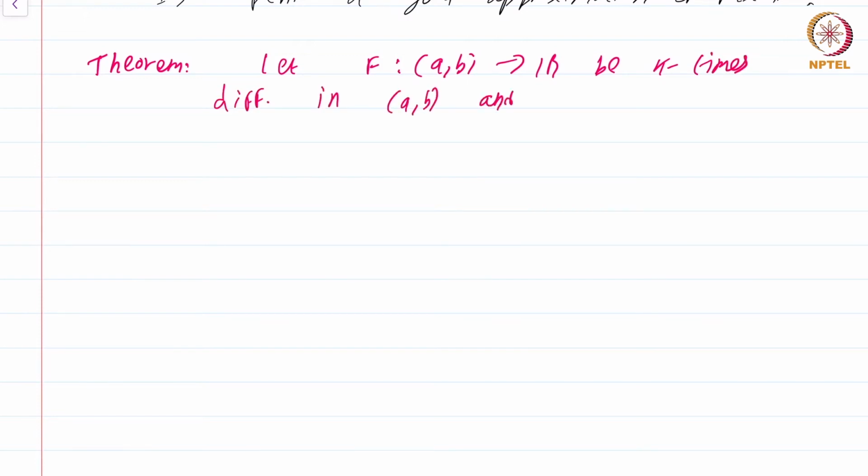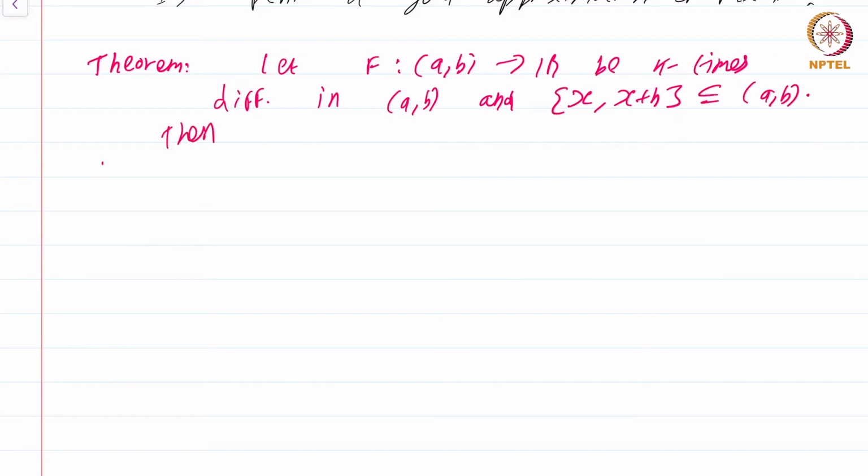Theorem: let f from (a,b) to R be k times differentiable in (a,b) and let the closed interval [x, x plus h] be a subset of (a,b).